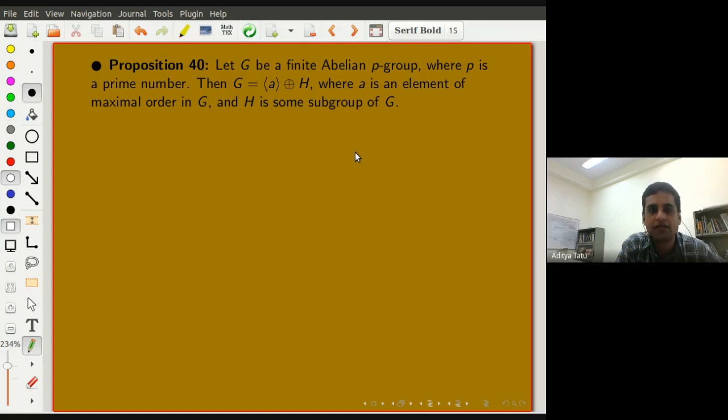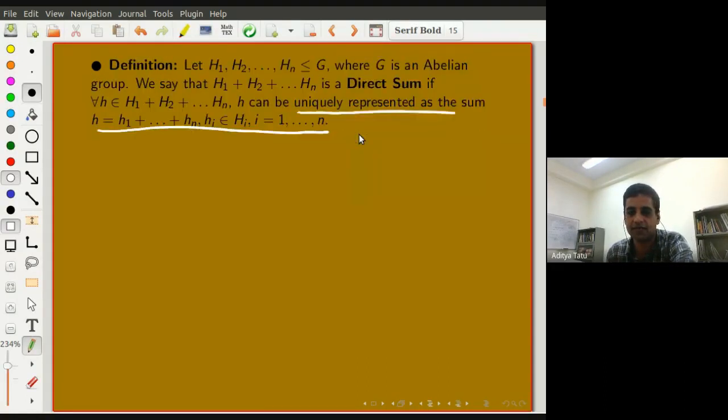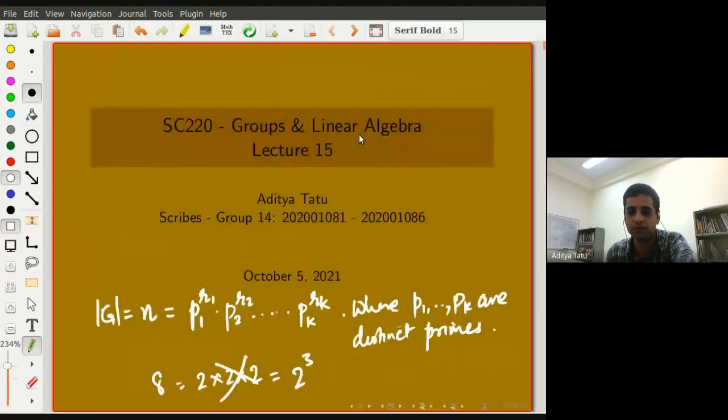So what does this proposition state? Let G be a finite abelian p-group. Please be careful here, I'm making more assumptions than just abelian. And again, let me connect this to the first slide where I gave you an overview.